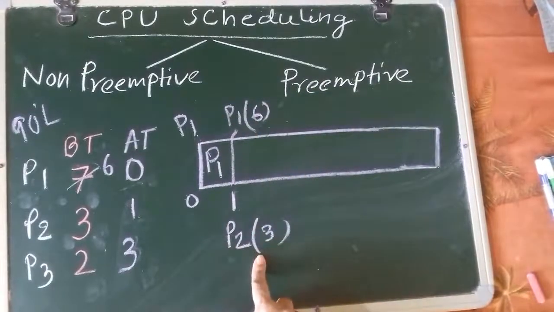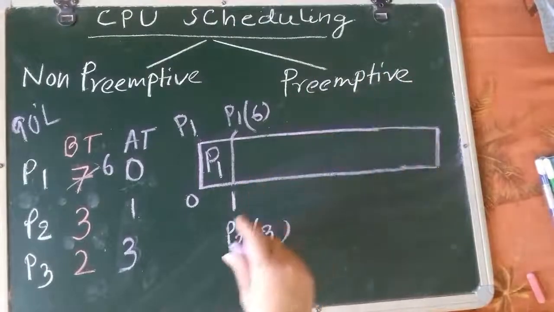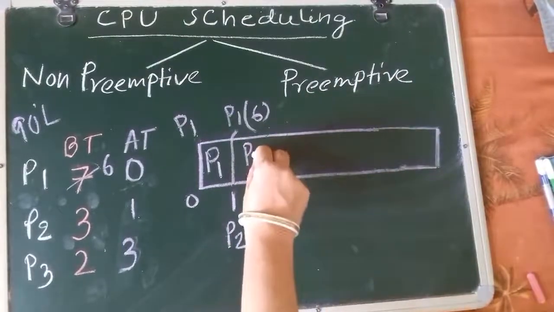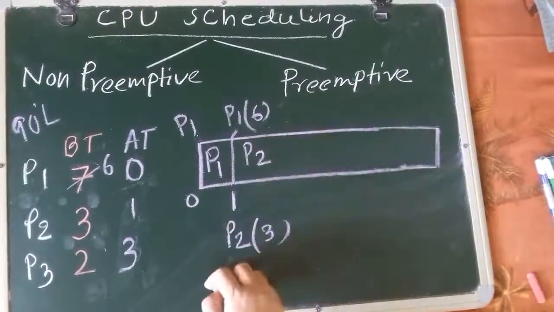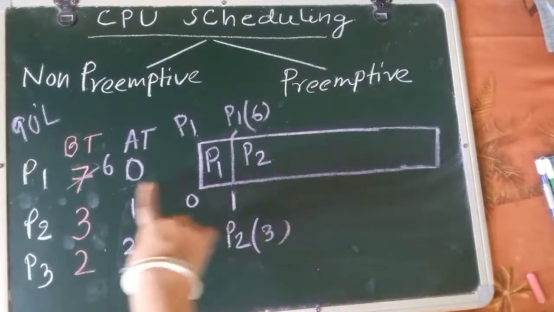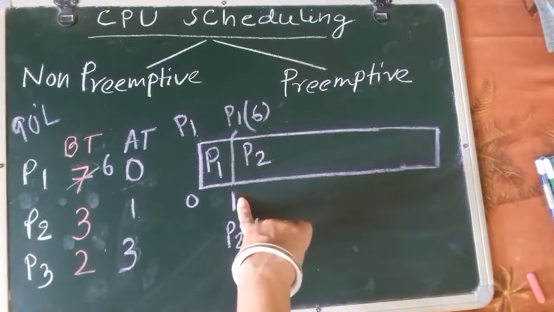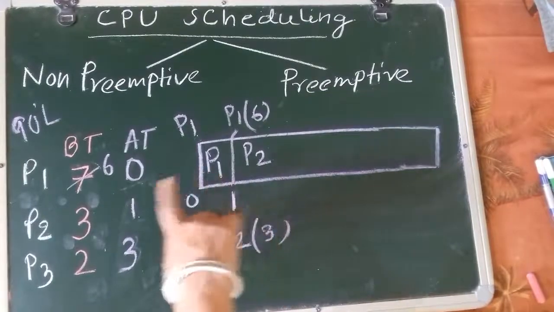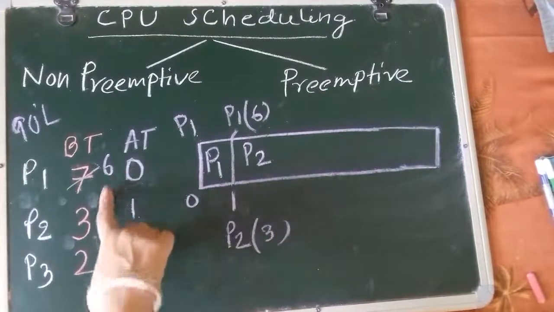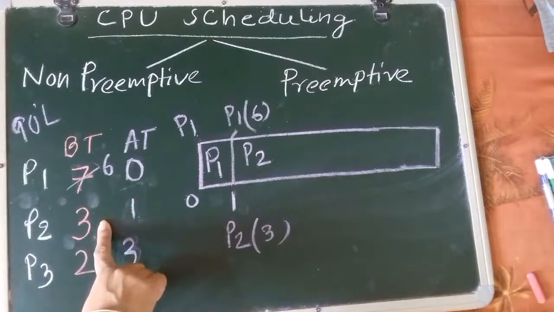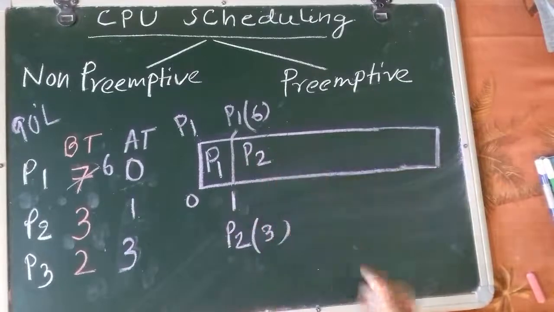P2 is the smaller one. So according to preemptive, we can start executing P2. P1 was the only process, so it executed, but when one more arrival happens, at that moment, based on some criteria, your criteria may be the burst time, whichever has less burst time, we can allow that process to be executed.